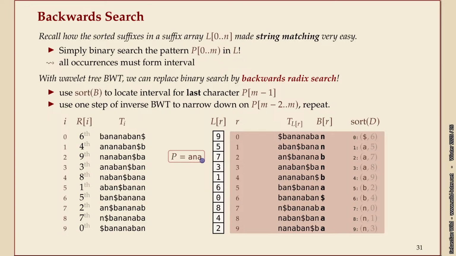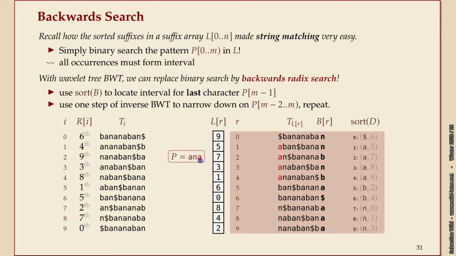Say we're looking for this small pattern Anna, which is a bad choice because it's a palindrome, but I wanted a small example. Initially, we know nothing, so the range where we could be looking is all the suffixes, so all the positions in the BWT. What we really have is just the BWT for now, and maybe that's all for the first step.